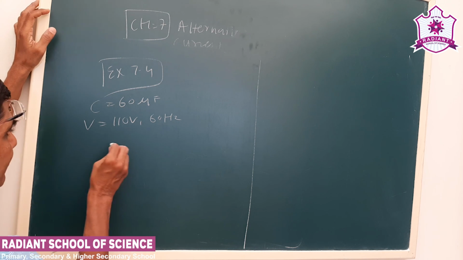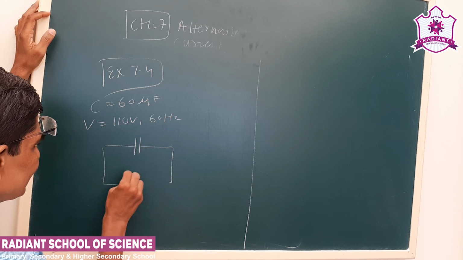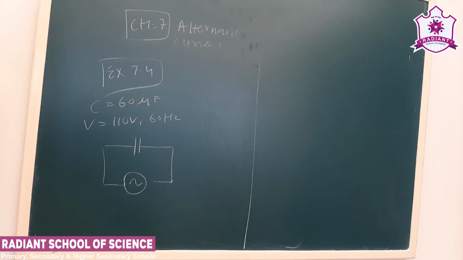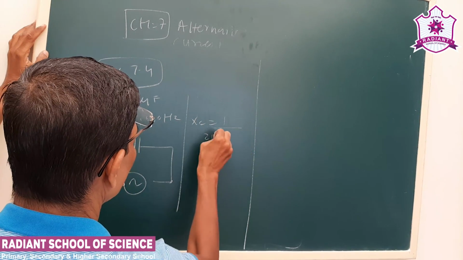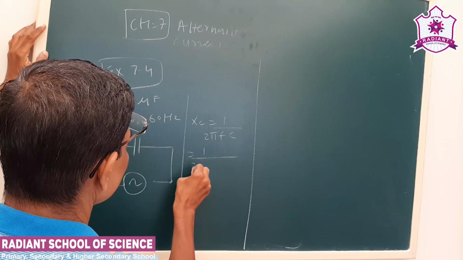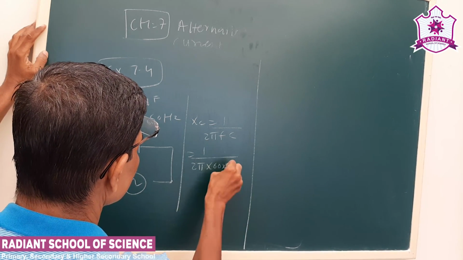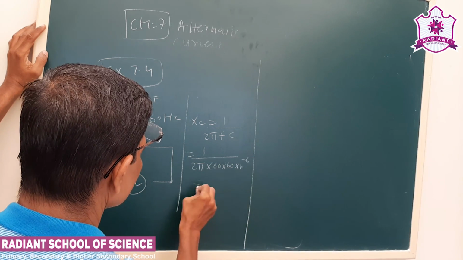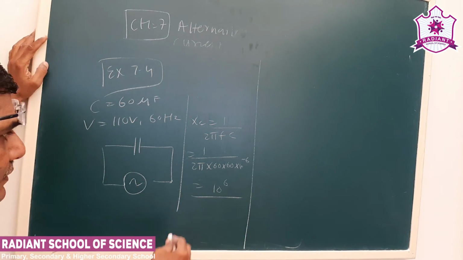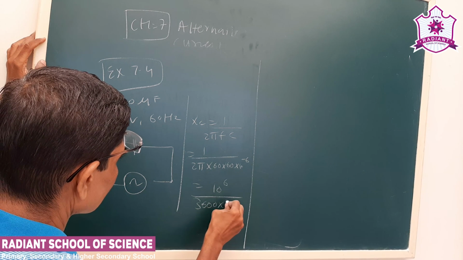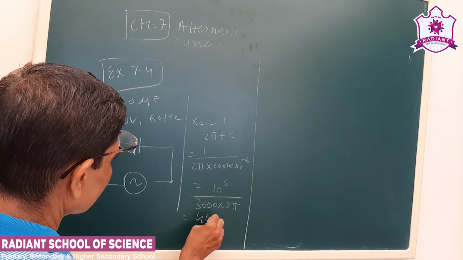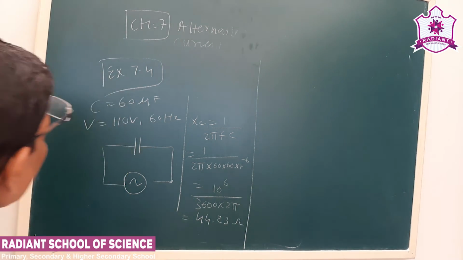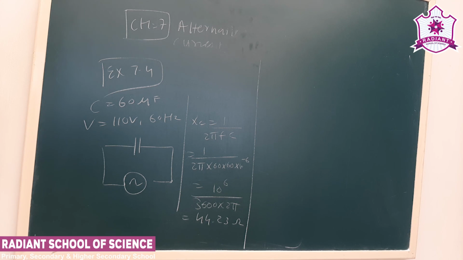Now see the capacitive reactance. Here is the circuit with only a capacitor. See, the capacitive reactance XC is 1 over 2 pi F C. See, this is how you can simplify the calculation. That turns out to be 44.23 ohm. Here, this is the value of the capacitive reactance.